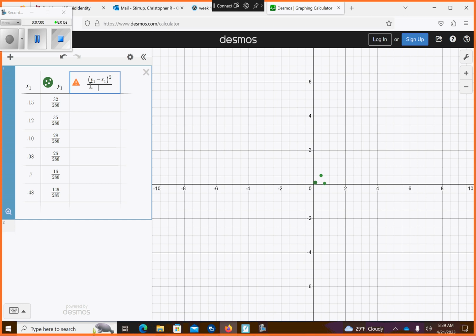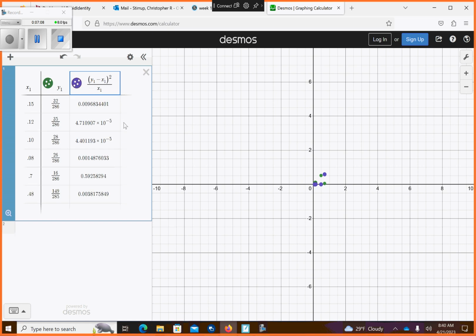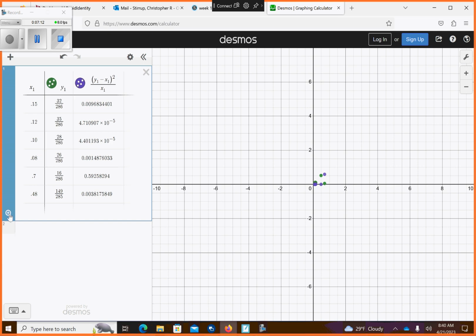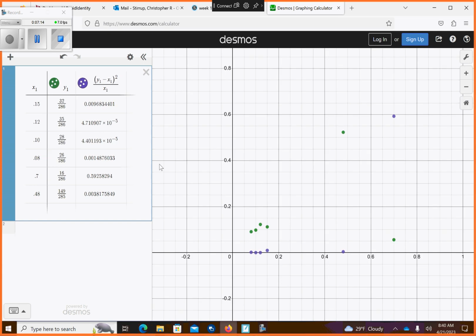And divide it by our expected, which is x1. All right, so granted, the graph doesn't really do us that much to look at. I mean, it gives us some pivotal points, but the further away we are from our mean.